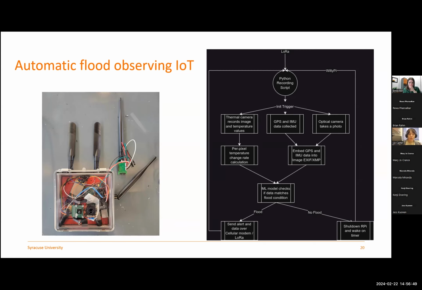So what my group is working on right now is developing a camera-based sensor that will both detect surface inundation associated with pluvial flooding and send out alerts to city officials about the pluvial flooding in real time. So this is an example of what a very raw prototype looks like that I just took a picture of on my desk right here.